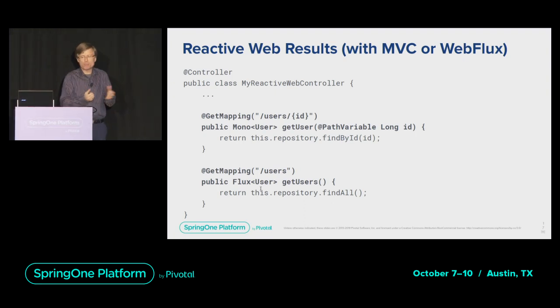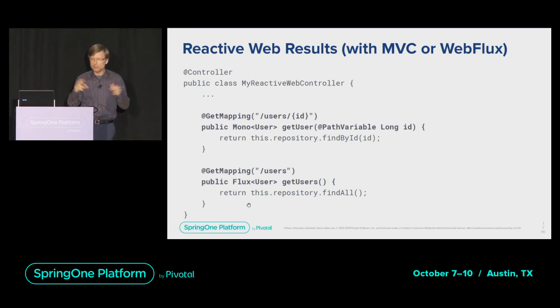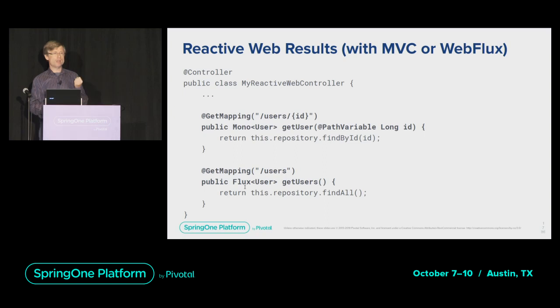So it's basically building a reactive pipeline of instructions, of steps to take to get from the request to the response. The typical indication is the return value. If this is a reactive type, as we call it, typically a reactive streams publisher implementation, like a Reactor Mono or a Reactor Flux, then we know that this is a reactive method. And we're going to take it as what it is, right?